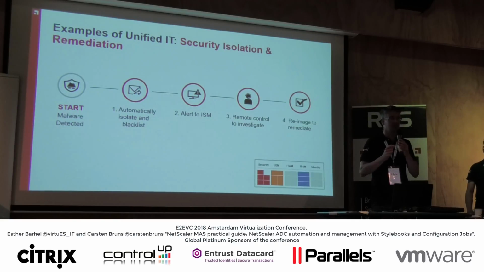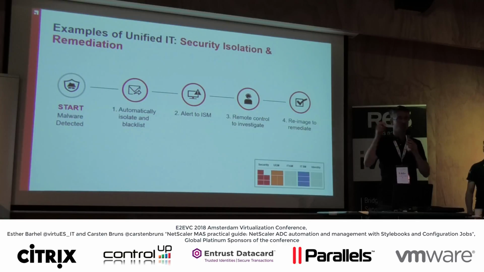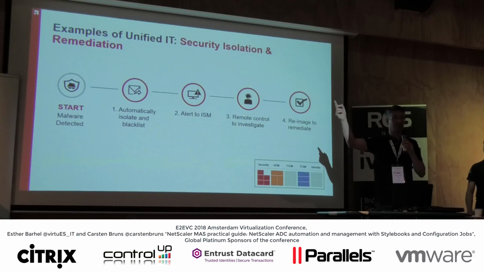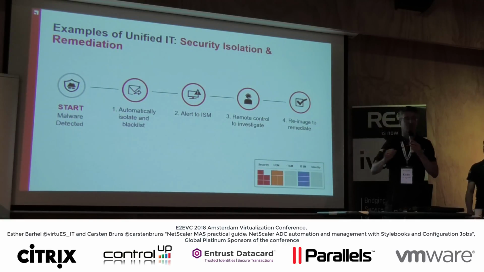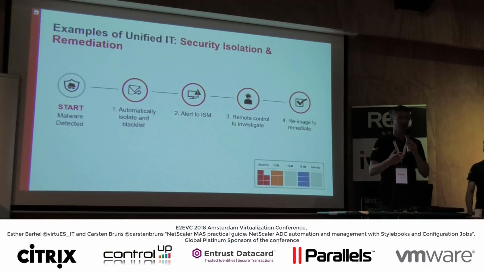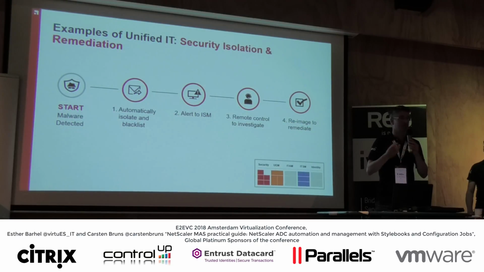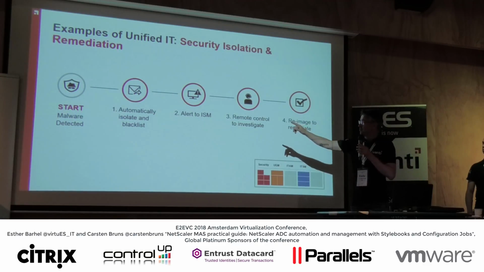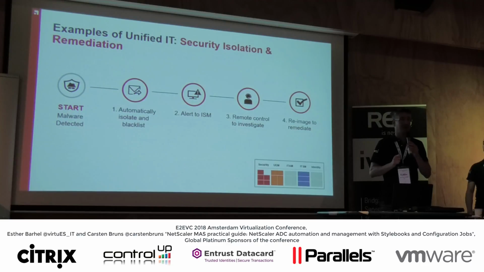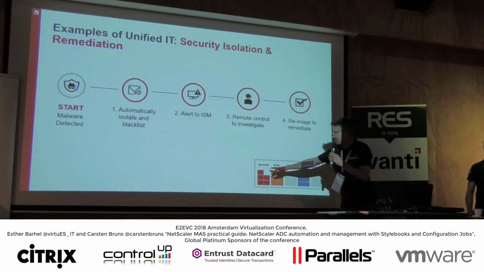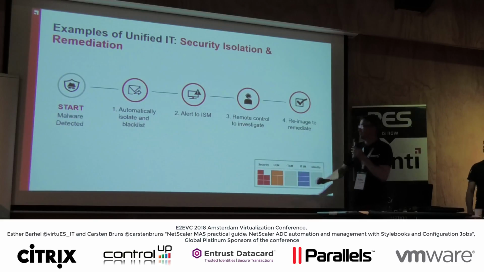Well, not totally, because there needs to be a control string back to the endpoint management solution so that we can investigate the matter, but it should not be able to infect other systems, right? The detection, that's security, that's your antivirus or whatever solution you have there. By the way, we've got that too. But automatically isolating and blacklisting it, that's happening with endpoint management. So I need security here, and I need endpoint management as well.